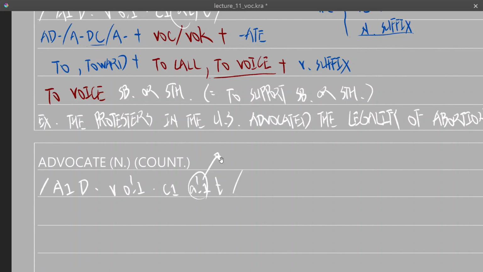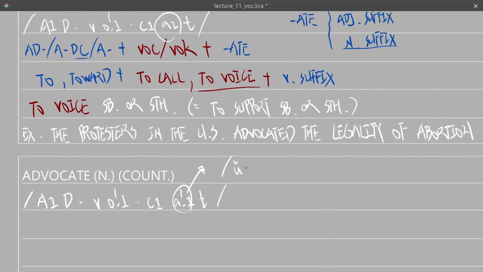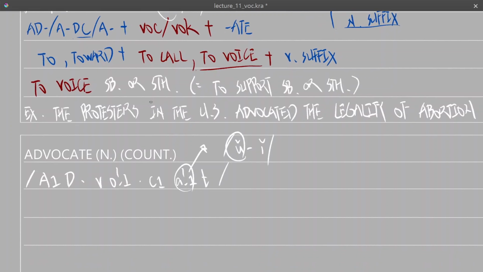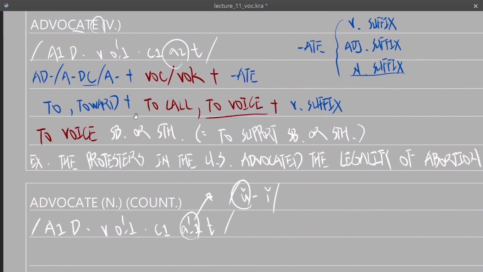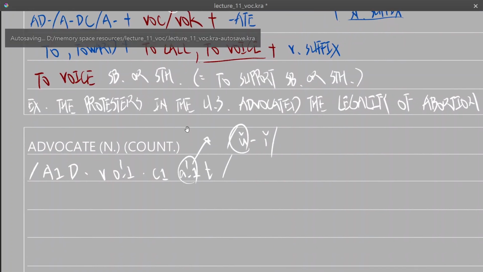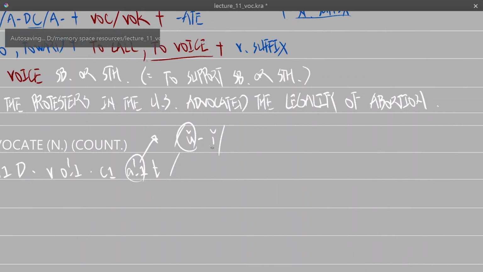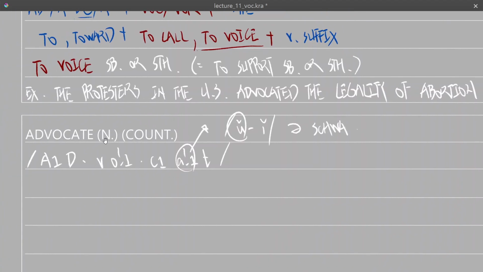So from the A sound to the uh sound. If you are familiar with IPA, this symbol becomes this guy, the upside down e. It's called schwa.